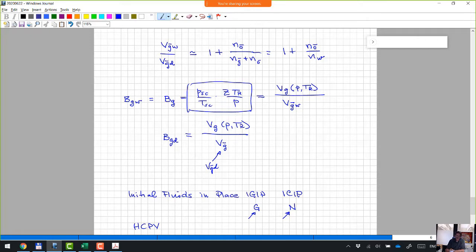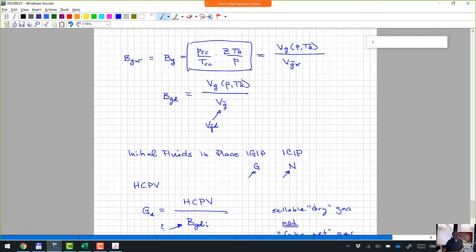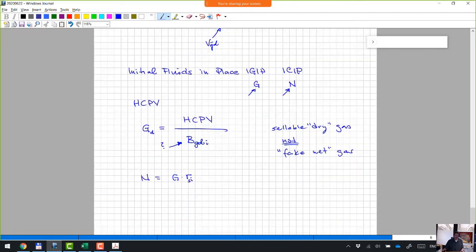You don't get the right 900 TCF. You don't get the right sellable gas. You get some kind of fictitious wet gas. So we need to figure out how to get this processed dry gas volume factor. Of course, the initial CGR, we know that.